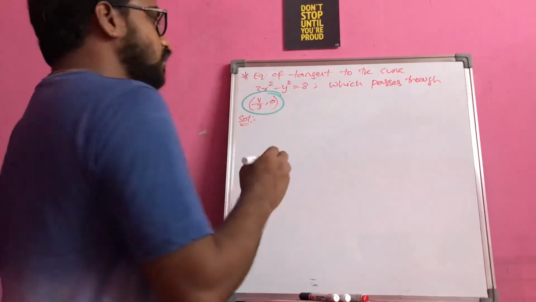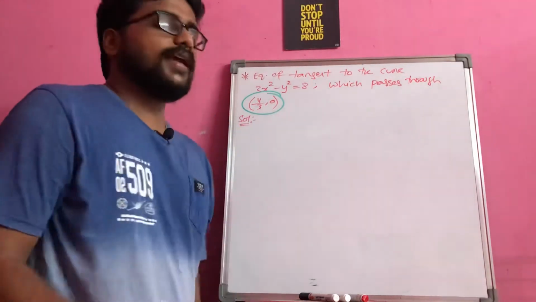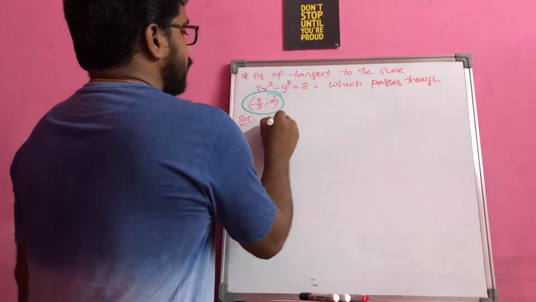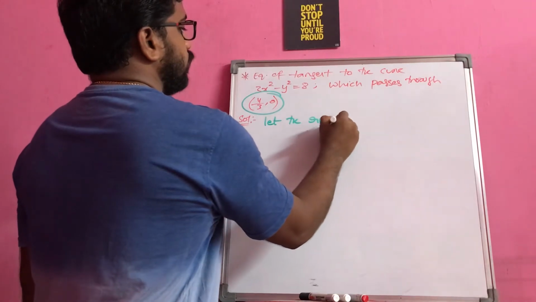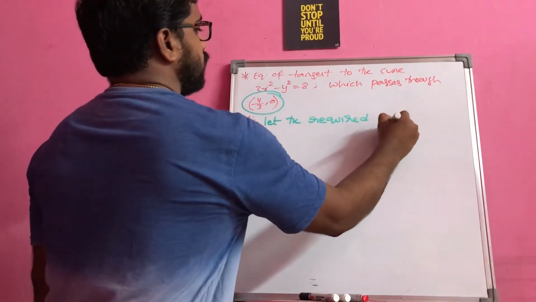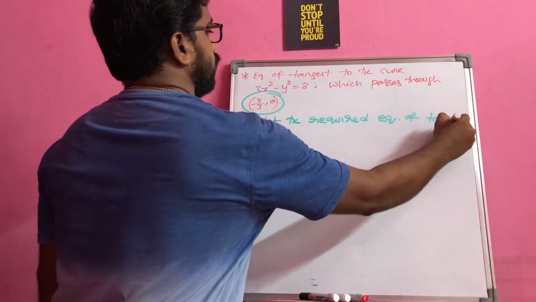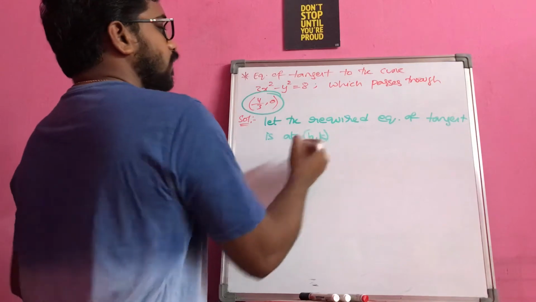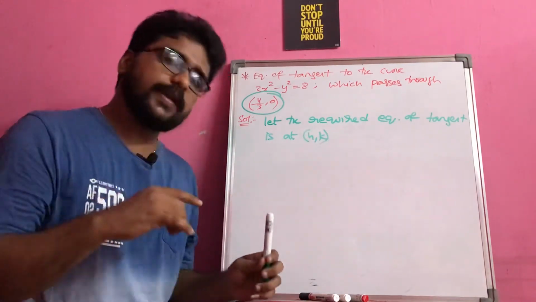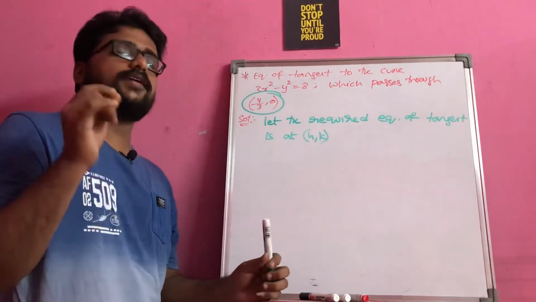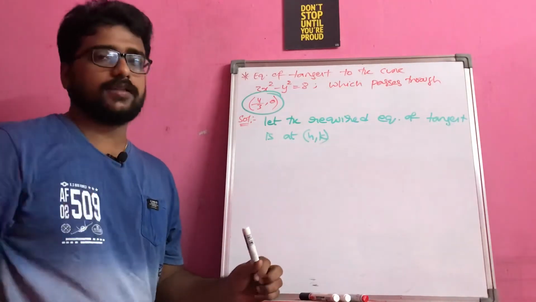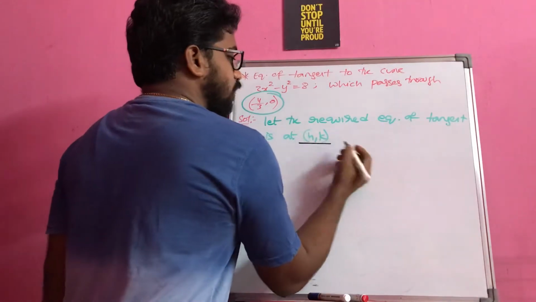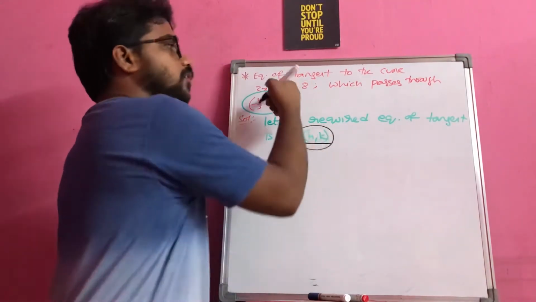Okay? So let us say that we are finding the equation of tangent at the point (h, k). Let the required equation of tangent be at (h, k). That is the basic point. For any given curve, if you are finding the equation of tangent at (h, k), then this (h, k) lies on the curve, right?